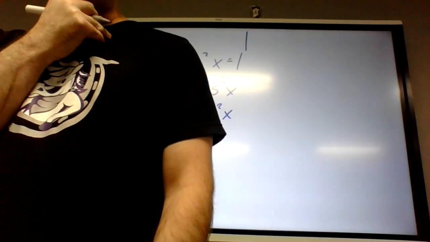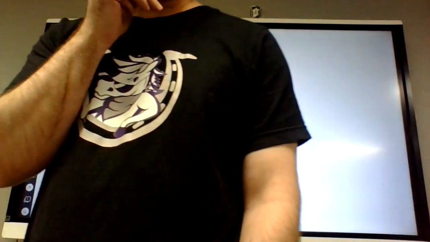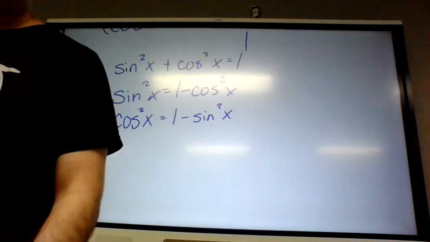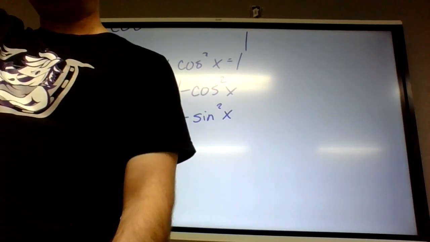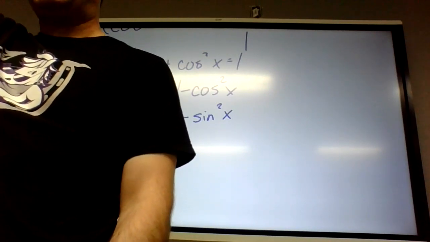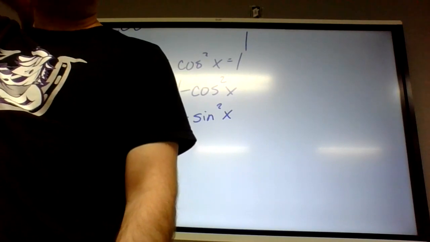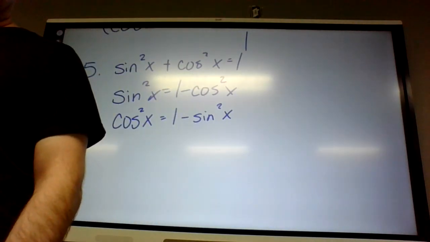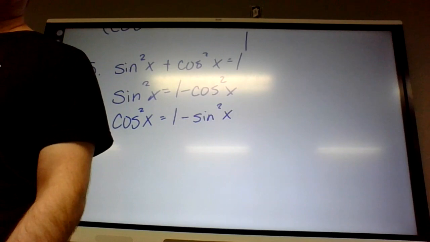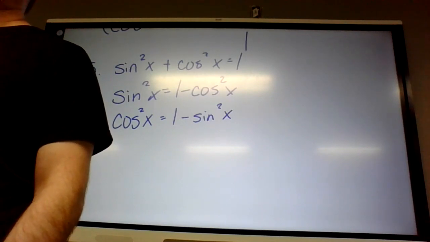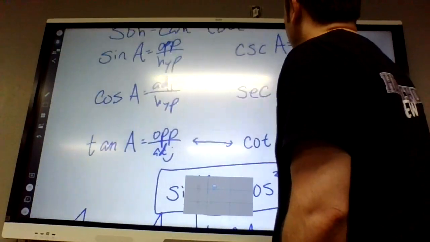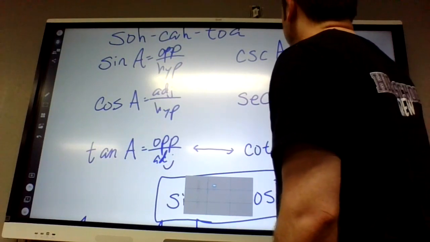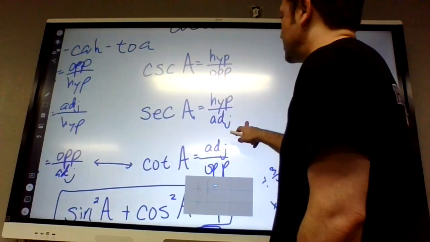Okay, number 6a. Cosecant is equal to what? We're supposed to write an answer in terms of sine or cosine. So cosecant equals what? Well, we're putting answers in terms of sine, cosine.